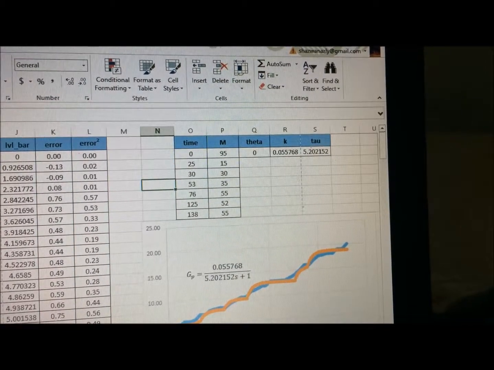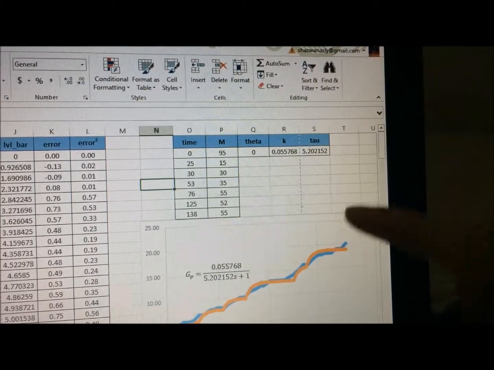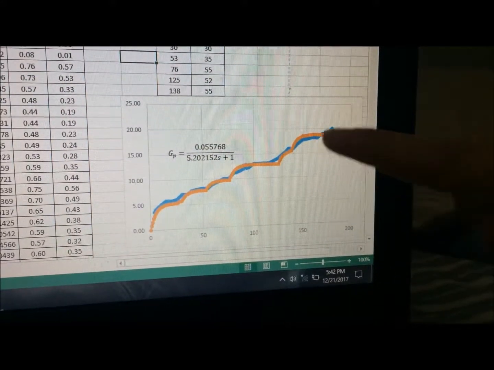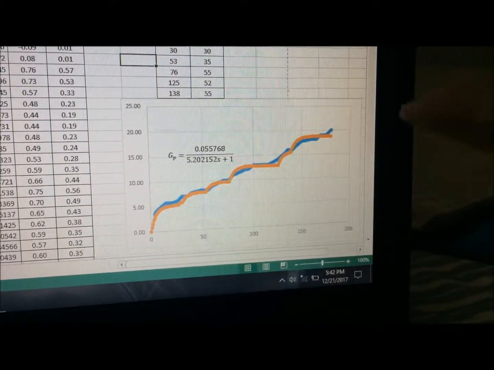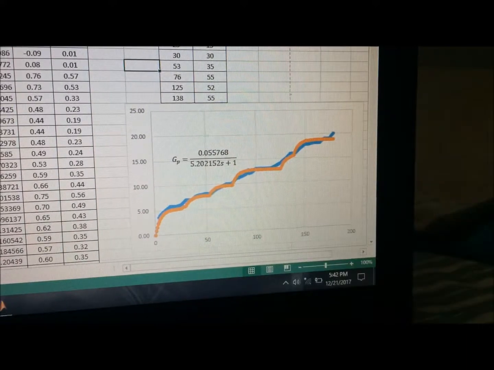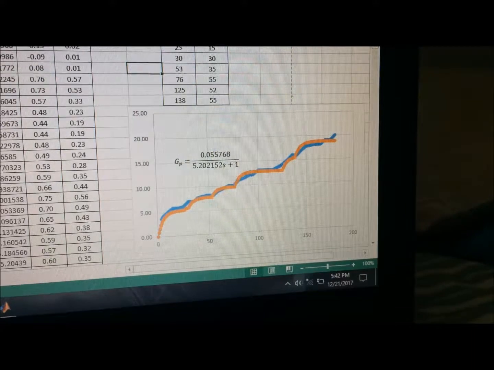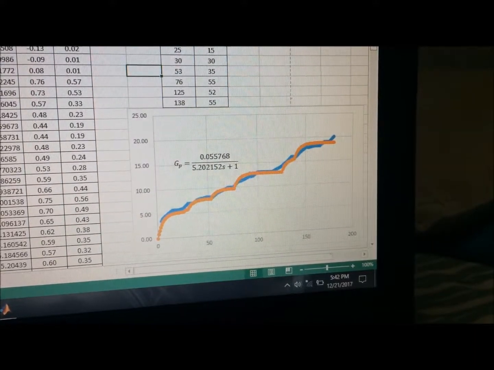And through regression, we obtain this plot whereby the blue one is the actual graph, while the orange one is the plot that we obtain using the regression data.